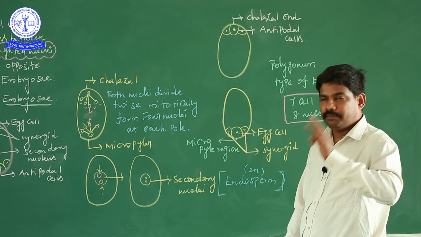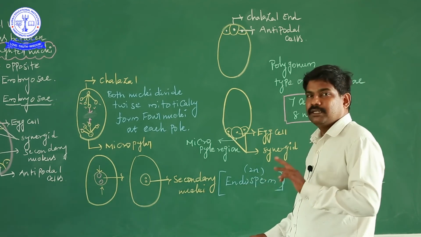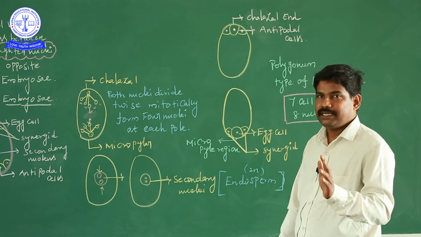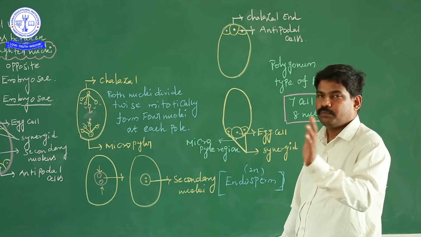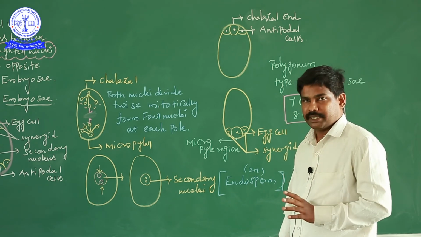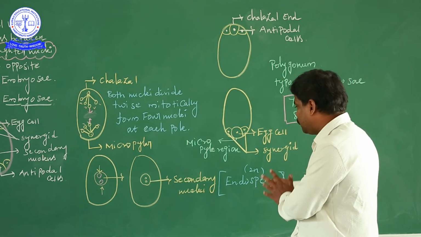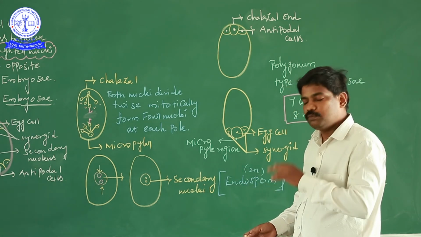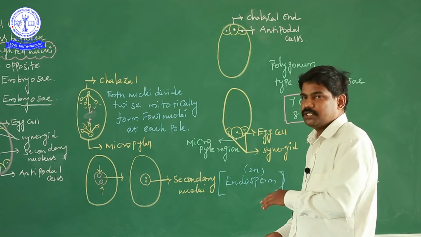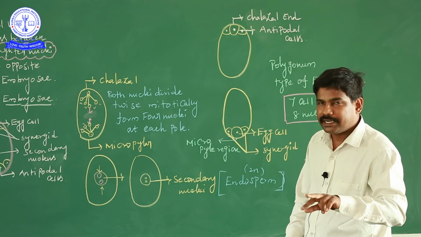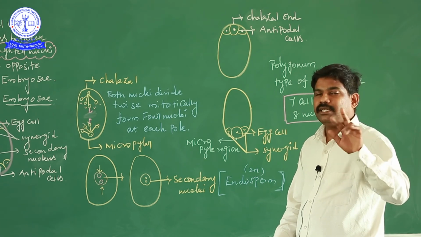After fertilization, the endosperm is in the 3n condition. In angiosperms the endosperm is 3n. In gymnosperms the endosperm is haploid, and it is formed before fertilization, whereas in angiosperms it is formed after fertilization.